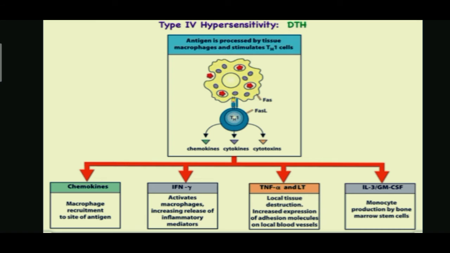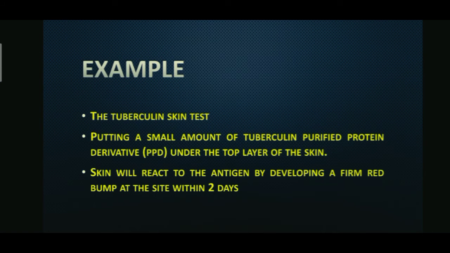The tuberculin skin test is an example of type 4 hypersensitivity. This test is done by putting a small amount of tuberculin purified protein derivative, which is PPD, under the top layer of skin.